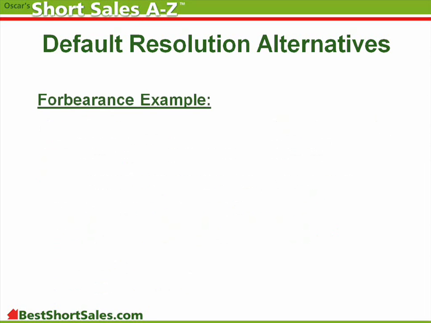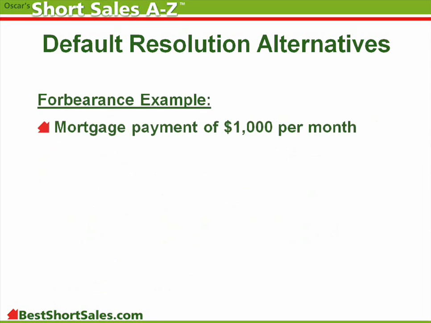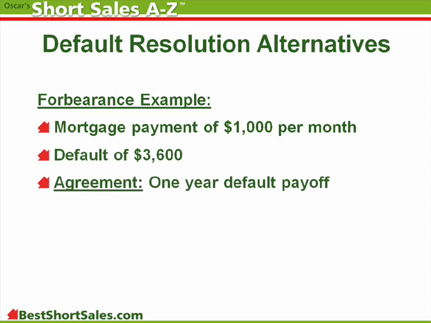This simplified example demonstrates why so many forbearance agreements fail. Let's say that someone has a mortgage payment of $1,000 per month, and that the total value of the default, which includes missed payments, penalties, legal expenses, and accrued interest, is $3,600. A possible forbearance agreement would be a 1-year default payoff.